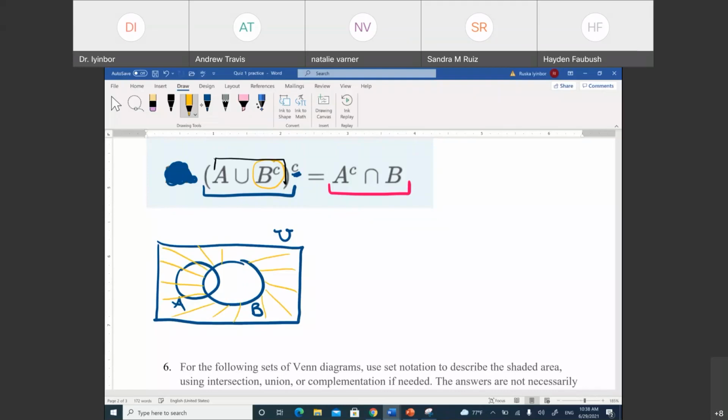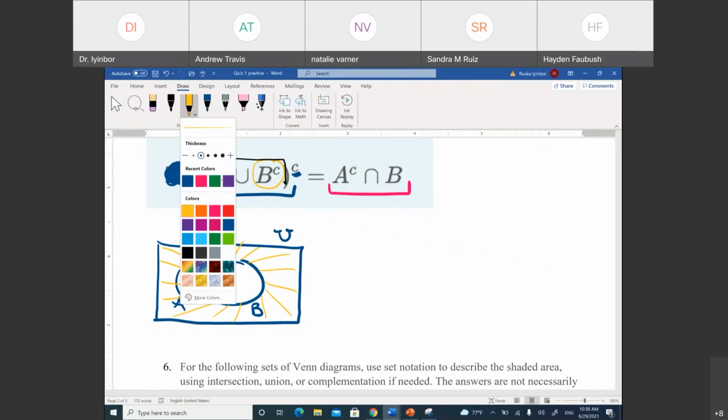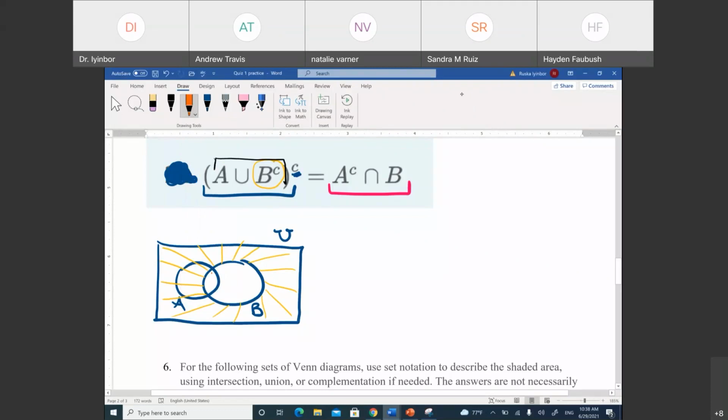And then I'm going to do union with A. Let me just use a different color for A. So this is A. And A union with B complementary is pretty much everywhere I shaded, right?